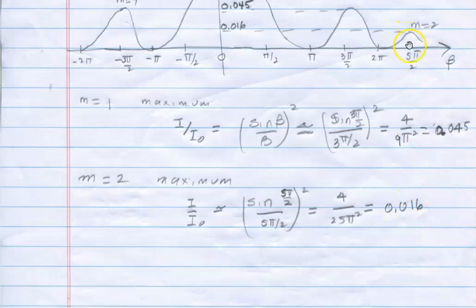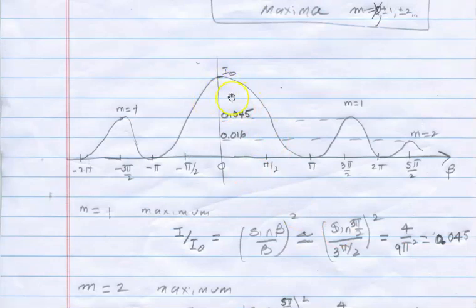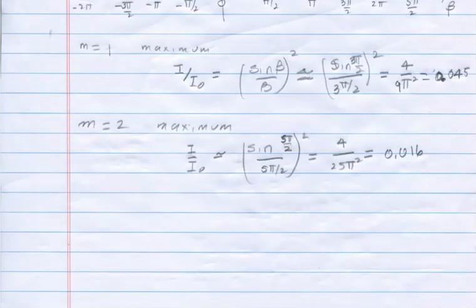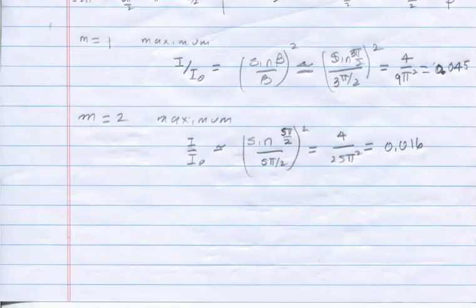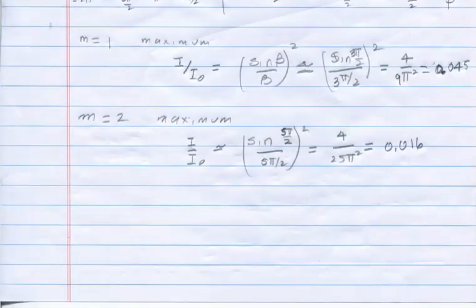So this one's even smaller. So by far, most of the intensity is in this central region, and it falls off very precipitously for these subsequent relative maxima. And that's the diffraction pattern for a single slit in the Fraunhofer regime.